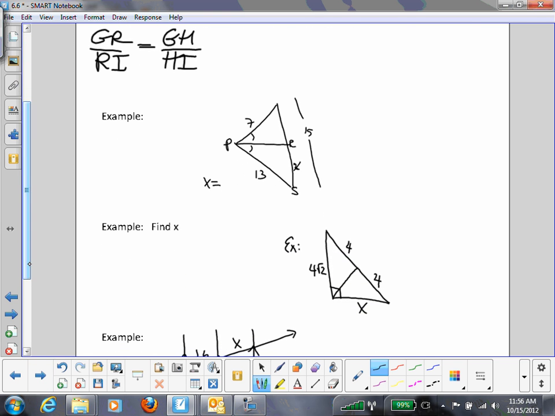So, knowing that we have an angle bisector PR, we agree we have an angle bisector? Okay. We can say what? This looks like I lost a letter here. We'll call it T. What does that theorem say?